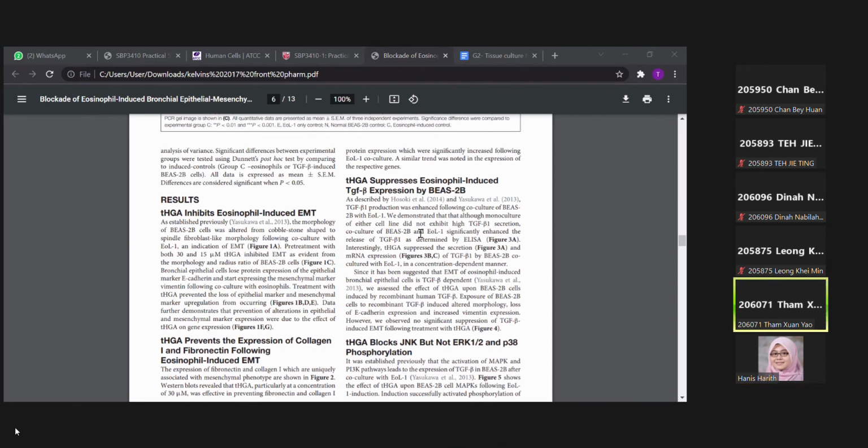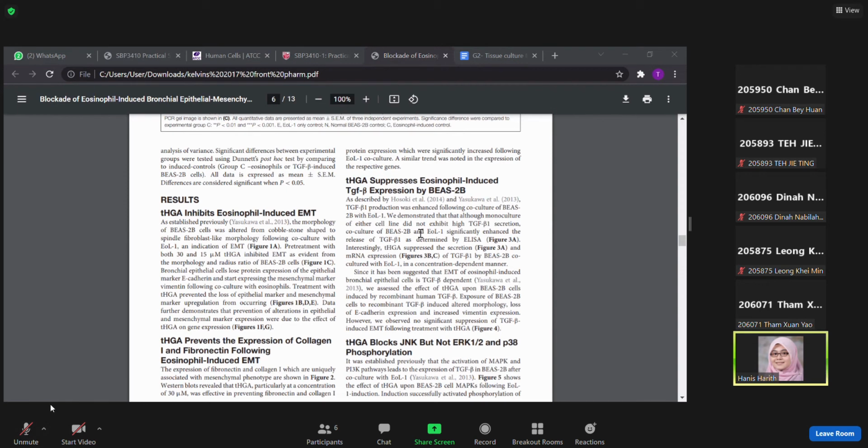Is the model the same as the culture? Yes, the model means it's a setup, an experimental design that is perfect to address the objective. In this case, they want to study EMT, so they need a model that is good enough to assess EMT.